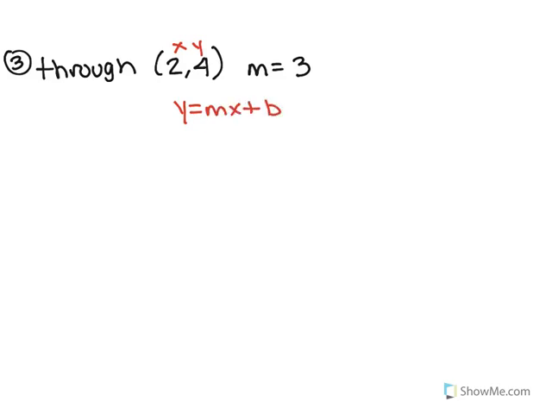Let's write the equation of a line that's going to go through the point 2, 4 and has a slope of 3. Random point that we're going to use with that M to find our B. So your Y point is 4 equals M, who is 3, and X, who is 2.